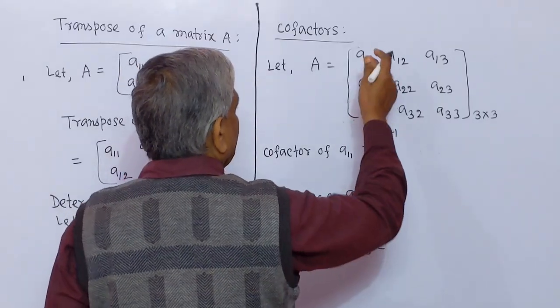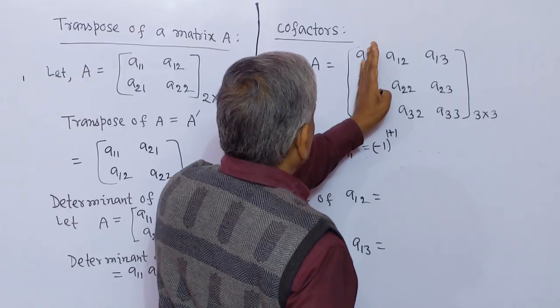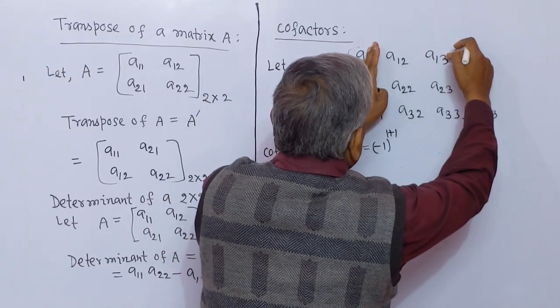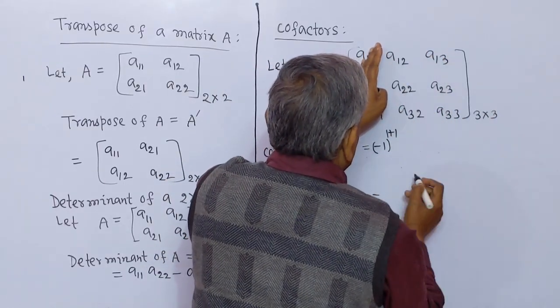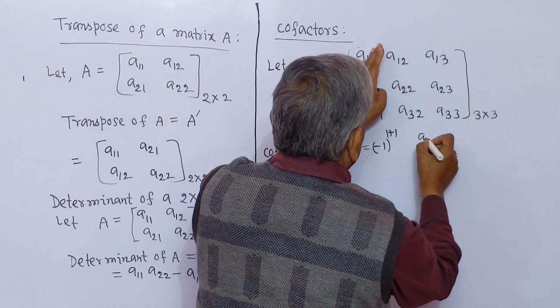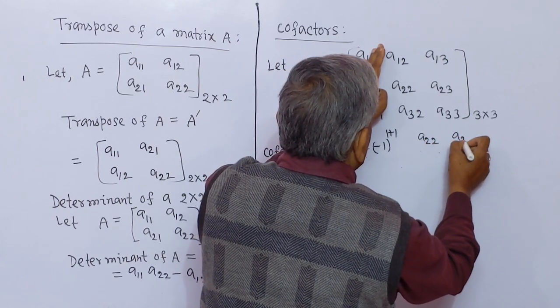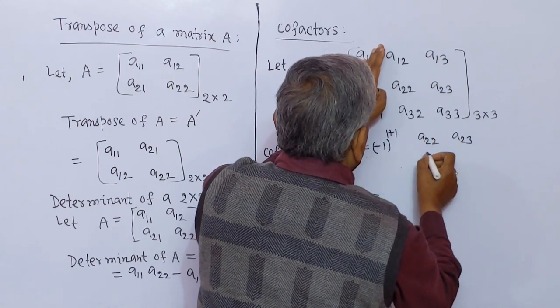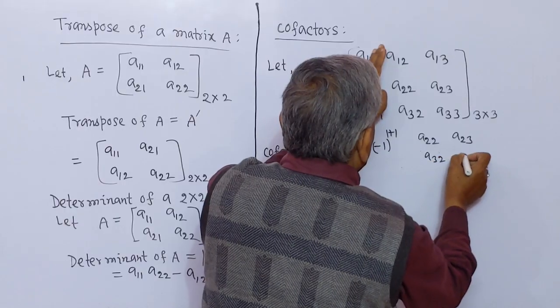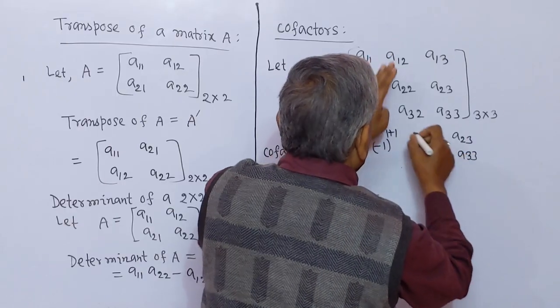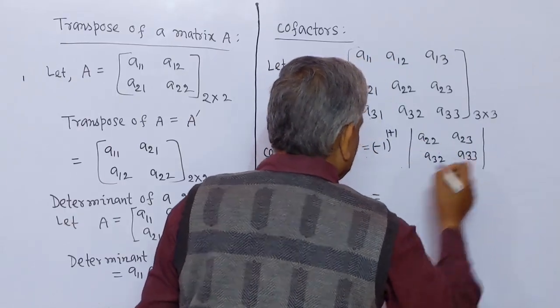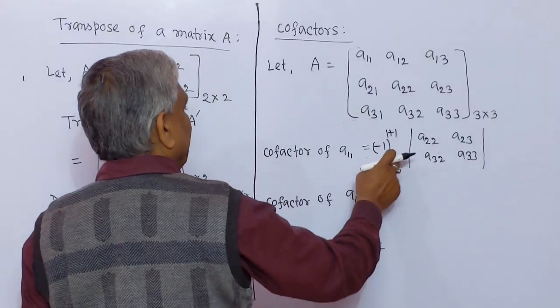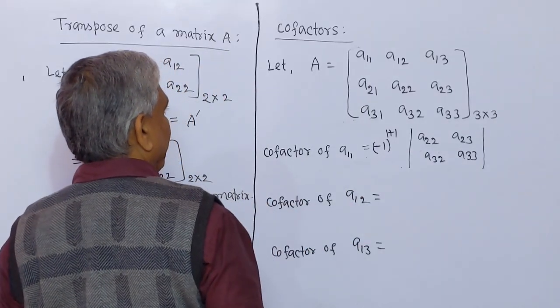Then we cancel this column and this row. Remains A22, A23, A32, A33, and we find the determinant. This value is the cofactor of A11.